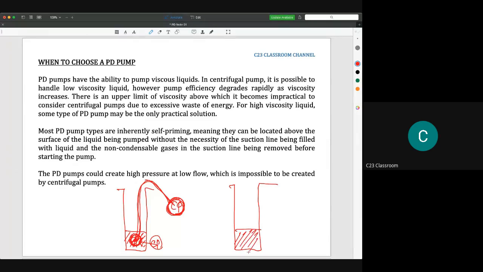That's why people will use positive displacement pump. Okay, you use PD because PD could create a vacuum condition, and then it could suck water from this level.